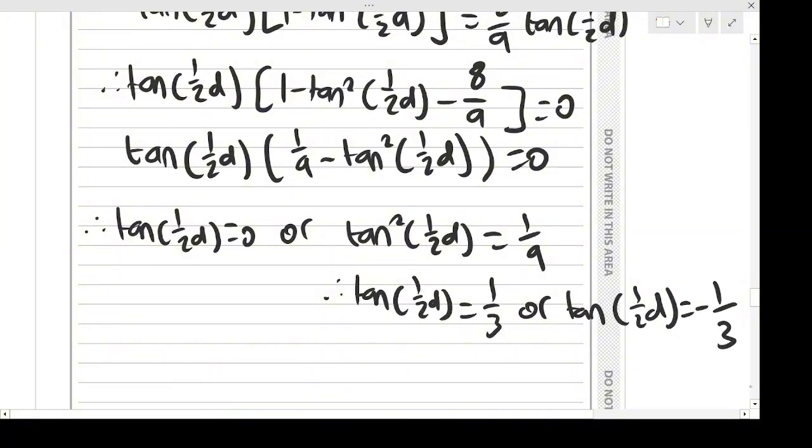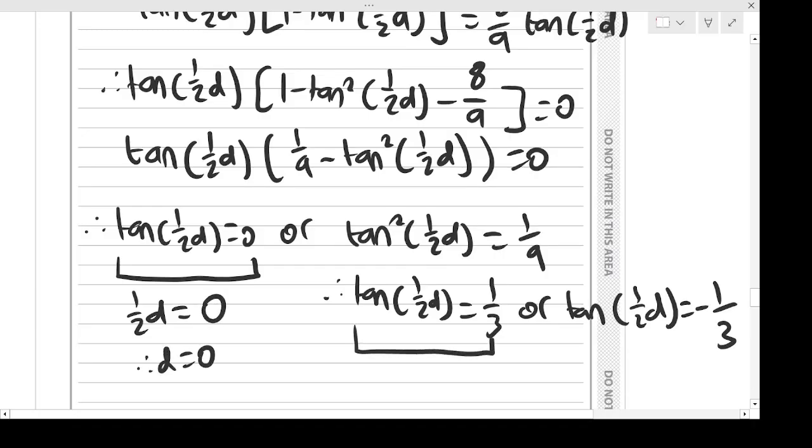So if we solve all of these equations then, firstly, tan of a half alpha is 0, so that would mean a half alpha would be 0, right? So therefore alpha is 0. If we solve the second equation, if we do inverse tan of a third, we get half alpha to be 18.43.